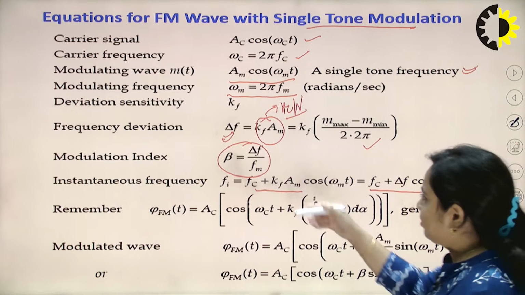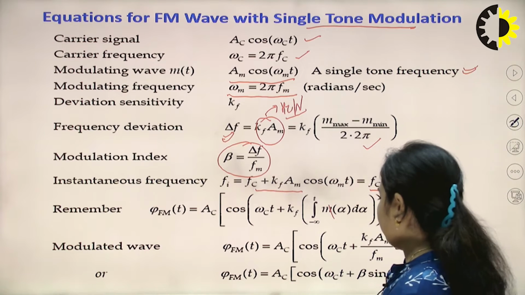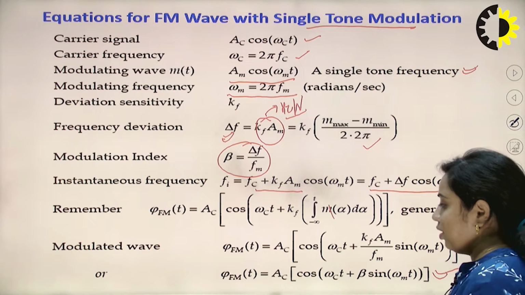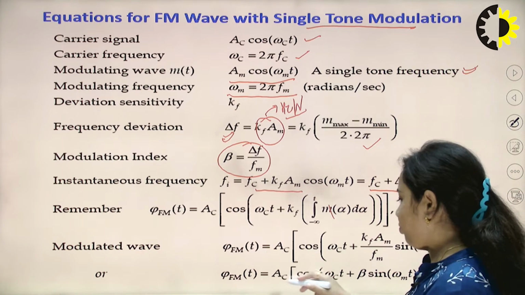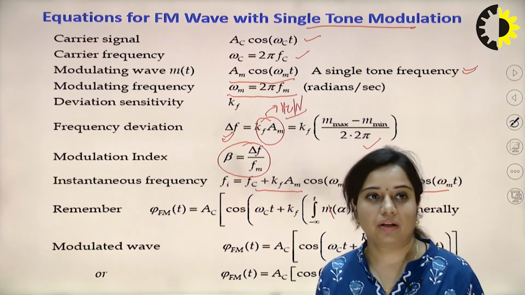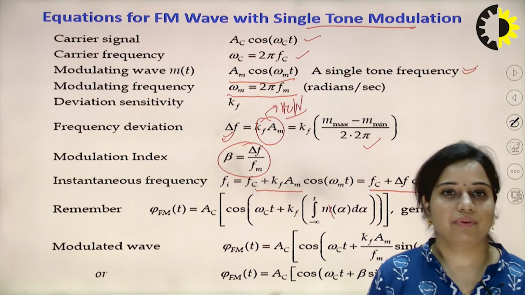So after considering these parameters that I have discussed, the resulting equation will be this one for the single tone modulation. Phi FM t is equal to Ac cos omega ct plus beta into sin omega mt, where beta is the modulation index of the FM signal.